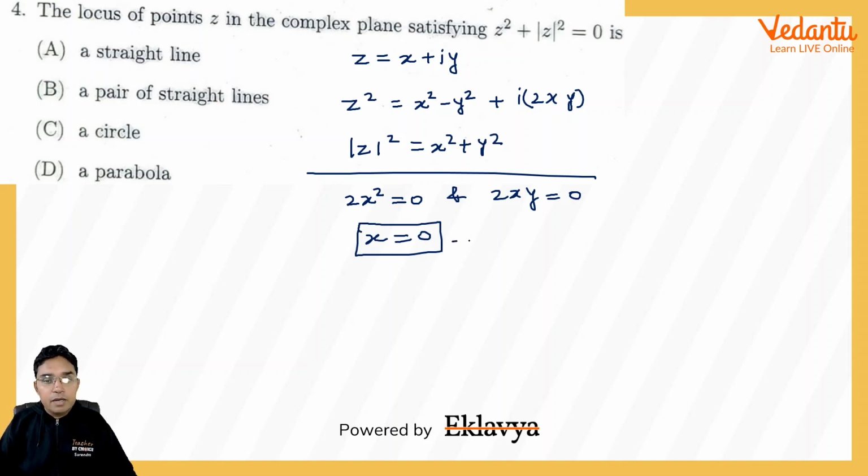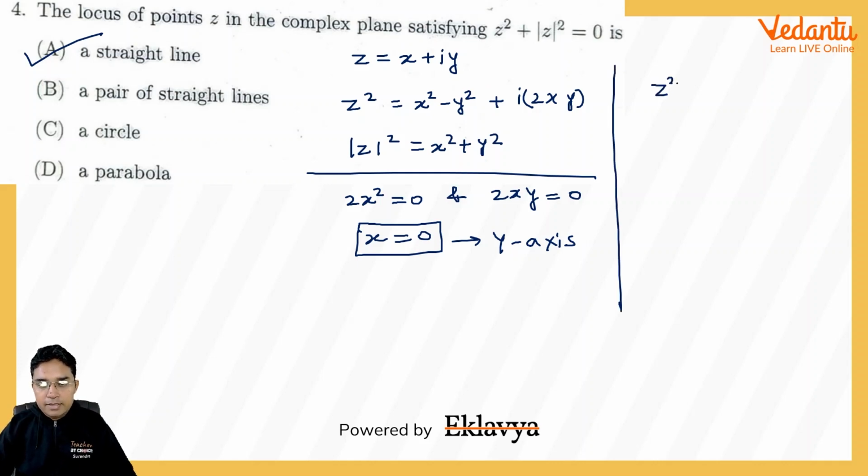Which is nothing but the y-axis, the imaginary axis. So this locus of point Z will be a line, a straight line, not a pair of straight lines, not a circle, not a parabola. A. In fact, someone can conclude it directly by saying that z square is equal to minus mod z square. So z will be equal to plus or minus i mod z.